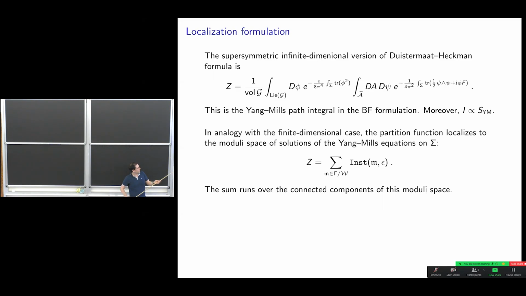So schematically, you can write it as a sum where you're labeling the connected components of this moduli space by summing over the magnetic charge. And each term of the sum, of course, depends on M and depends on the gauge coupling.